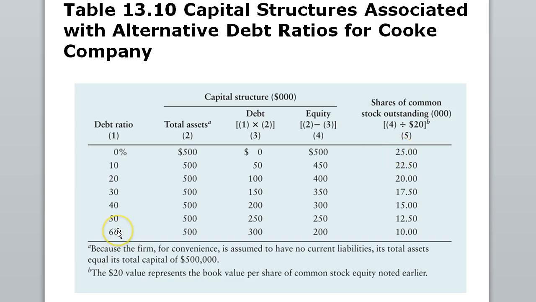If we were 60% debt, we would have 300,000, which is 60% of 500,000 in debt, and 200,000 in equity, which is the 40% of the 500,000. Now, because we have a lot more debt than equity, we're going to have fewer shares outstanding because we have 200 divided by 20. So this just looks at the effect of escalating the debt ratio on the amount of outstanding shares.